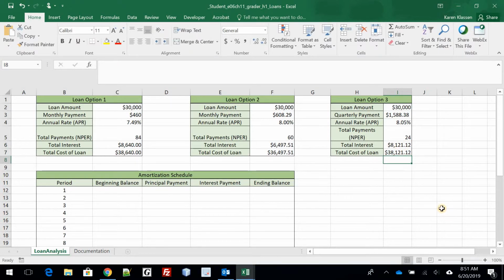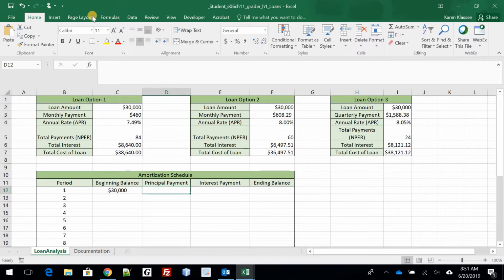Okay, so next we are going to calculate an amortization schedule, and we're going to base it on option 3. So we're looking at quarterly information. Okay, my beginning balance is this loan amount. Now we've got to calculate our principal payment.